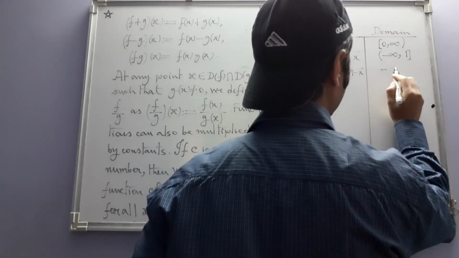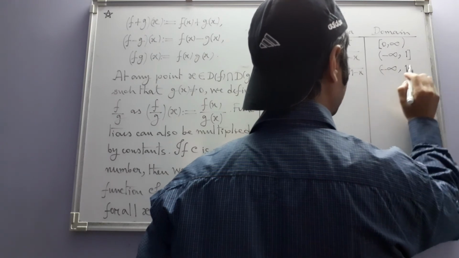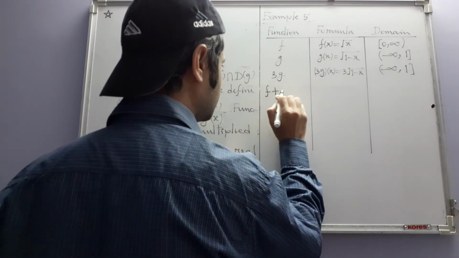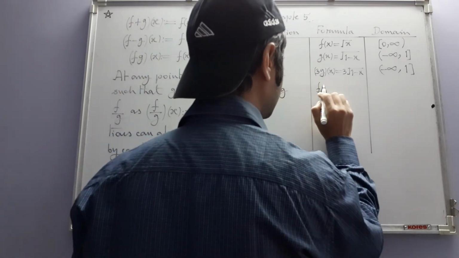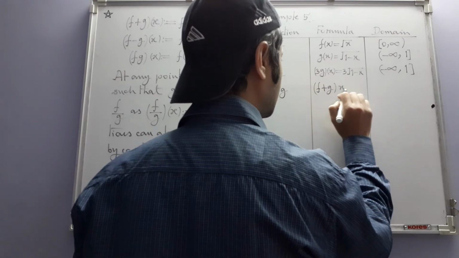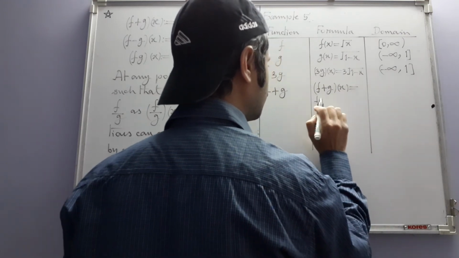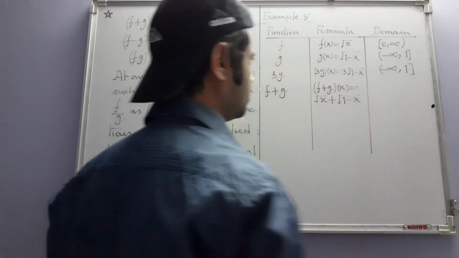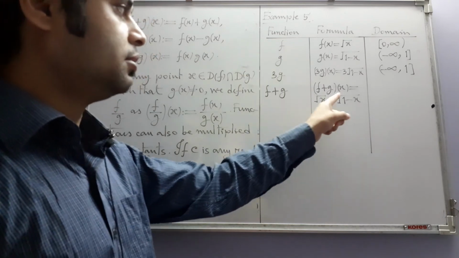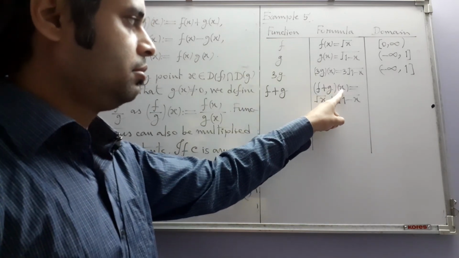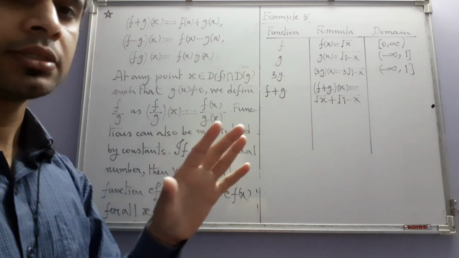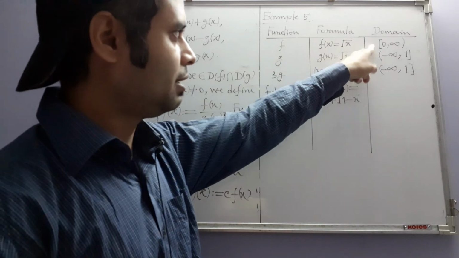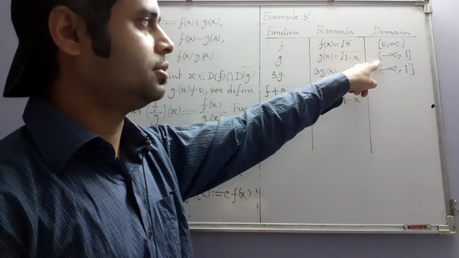So here again the domain is this, and then the sum of f and g, f plus g. Its formula we know, it will be this. And this formula makes sense only for those x that belong to the domain of f as well as the domain of g.